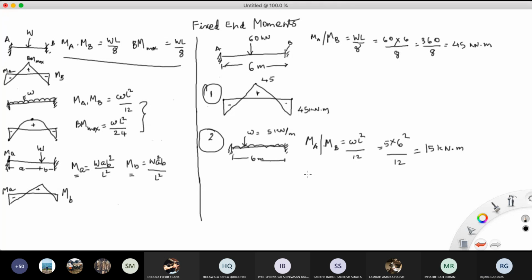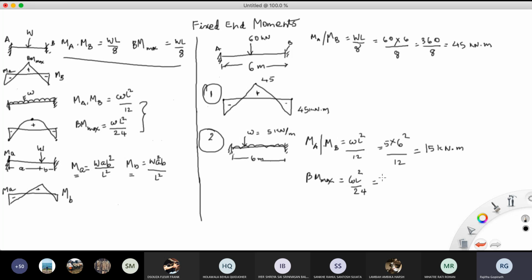Maximum bending moment is going to occur at the center of the beam because it's a uniformly distributed load, and it is wL square by 24. So basically this is going to be half of that, which is 7.5.